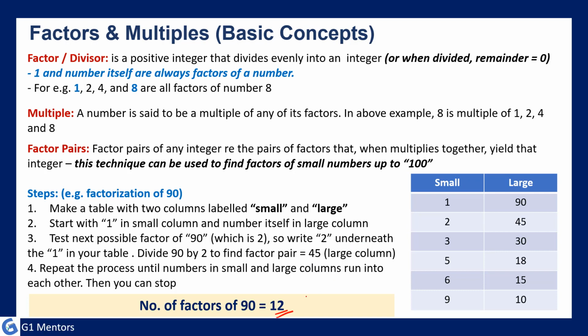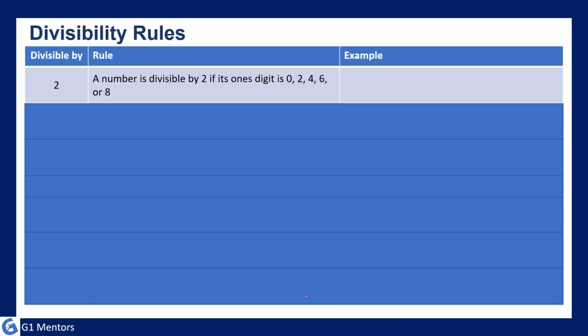So now let's see some of the divisibility rules, which are very important for GMAT. A number is said to be divisible by 2 if its ones digit is an even number or a 0. So for example, 32 is divisible by 2, 46 is divisible by 2, 96 is divisible by 2, 100 is divisible by 2.